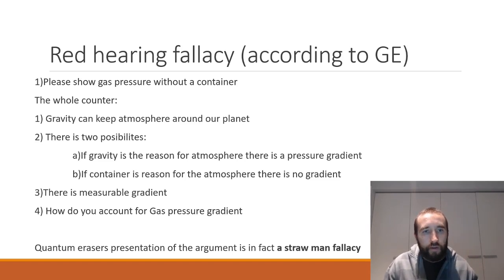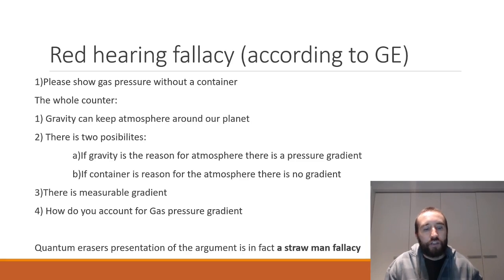So this argument claims that it has to be one of these 2 options, and B is here because of the original claim that says "Please show gas pressure without a container," and 3 is there is a measurable gradient. So now we can ask, how do you account for gas pressure gradient?